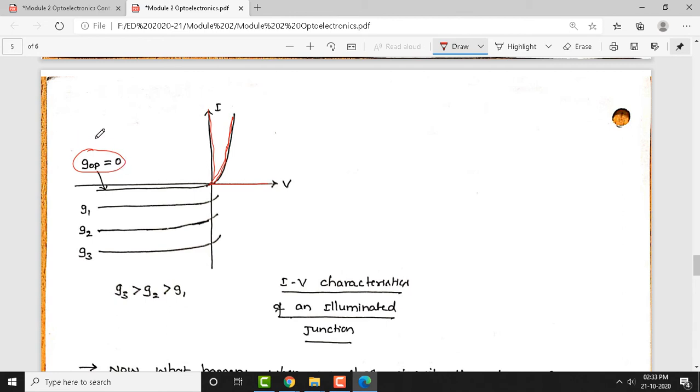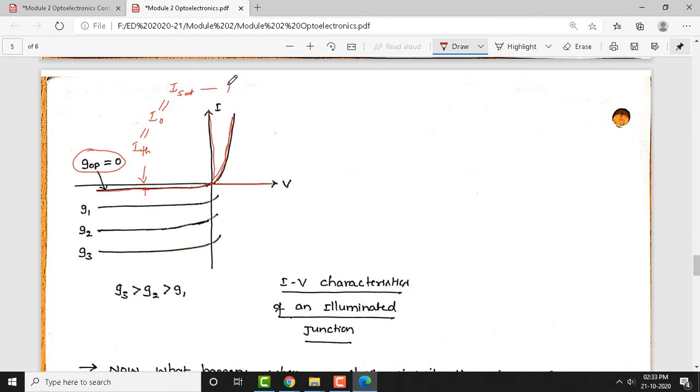This is under dark condition. In our mathematical equations, we have taken that as Ith, and sometimes we call it I naught also, or you can denote it as I sat, the reverse saturation current flowing in the reverse bias.